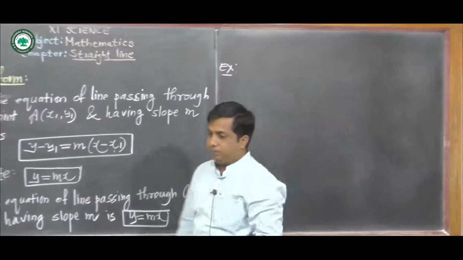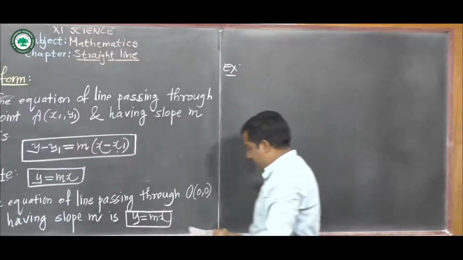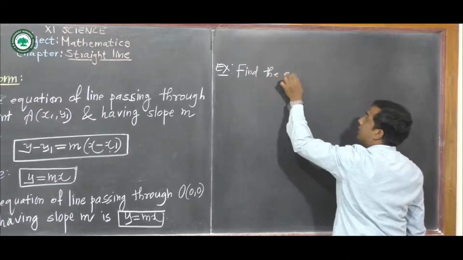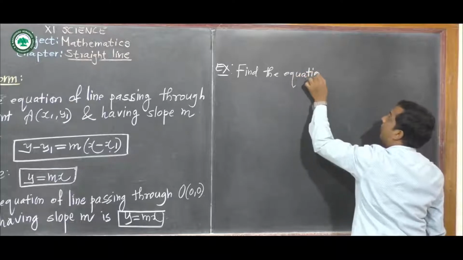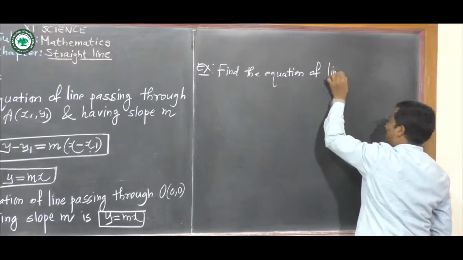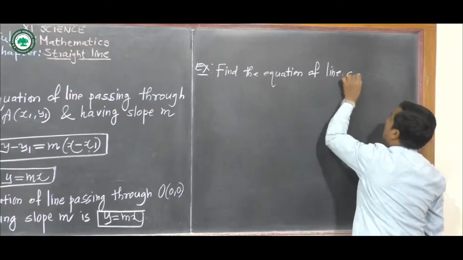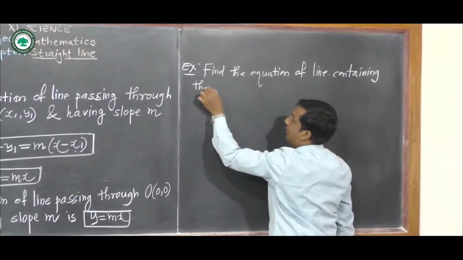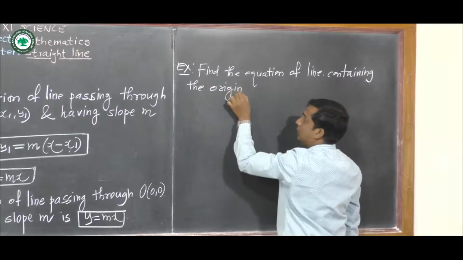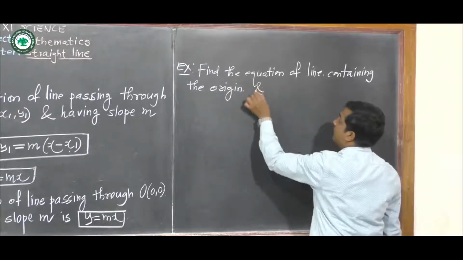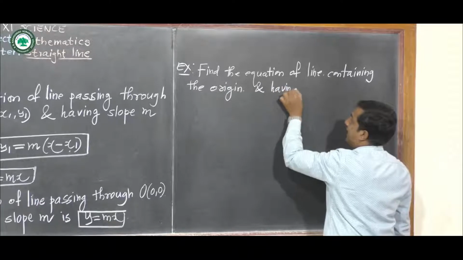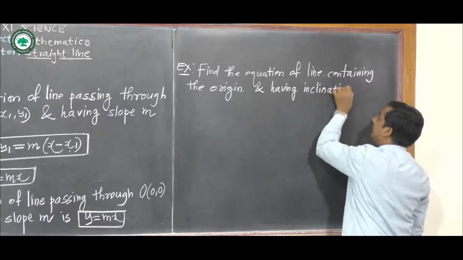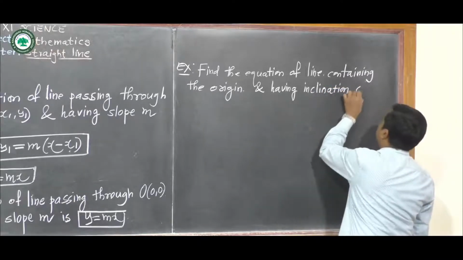Here in the example, we consider: find the equation of line containing the origin and having inclination of 60 degree.